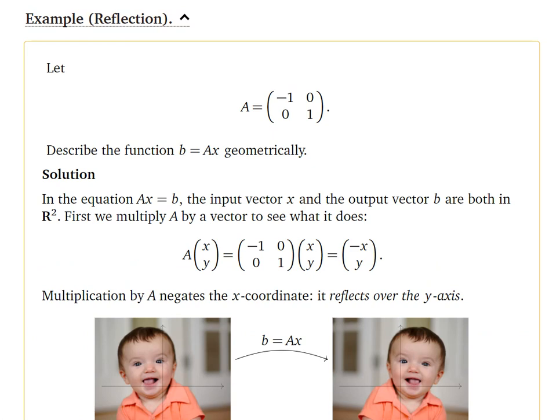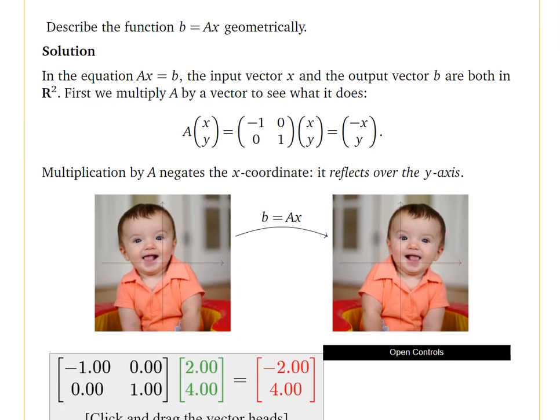So, a reflection matrix that reflects over the y-axis. The reflection is through the y-axis, so everything on the right side of the y-axis ought to be able to look at itself in the mirror as if the y-axis was the mirror. And they go through a really nice example of a reflection.